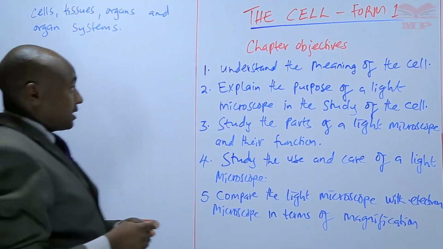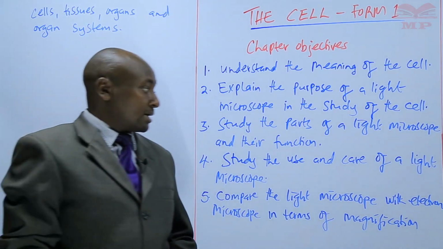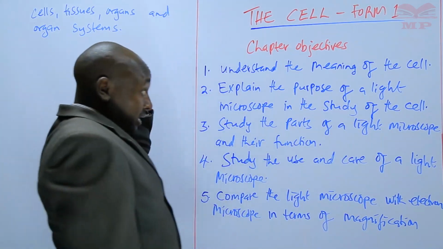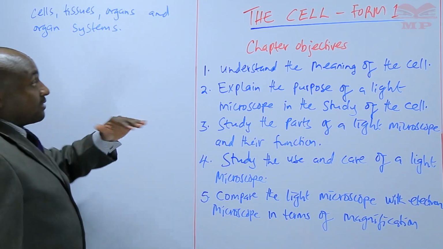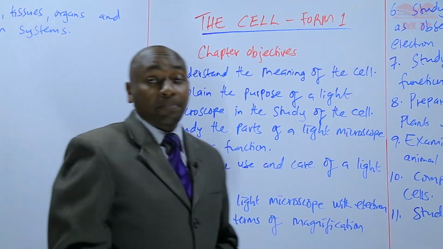So those will be our objectives of the entire topic, and there are quite a number. And basically we'll start with the first one, which is understanding the meaning of the cell.